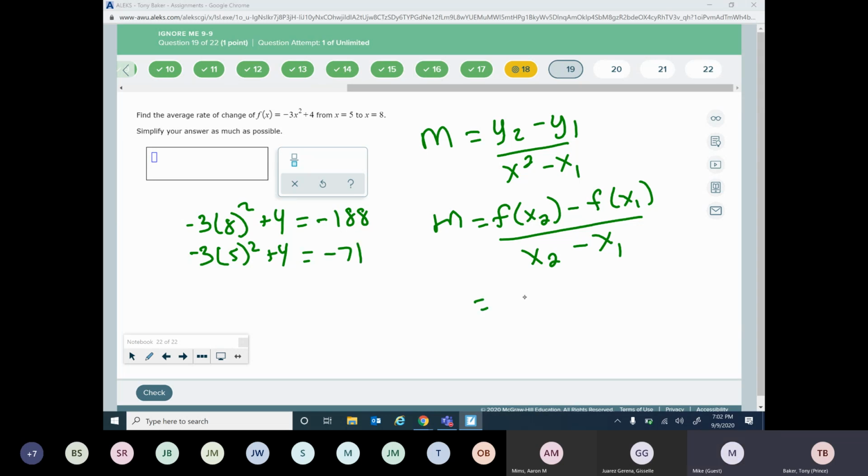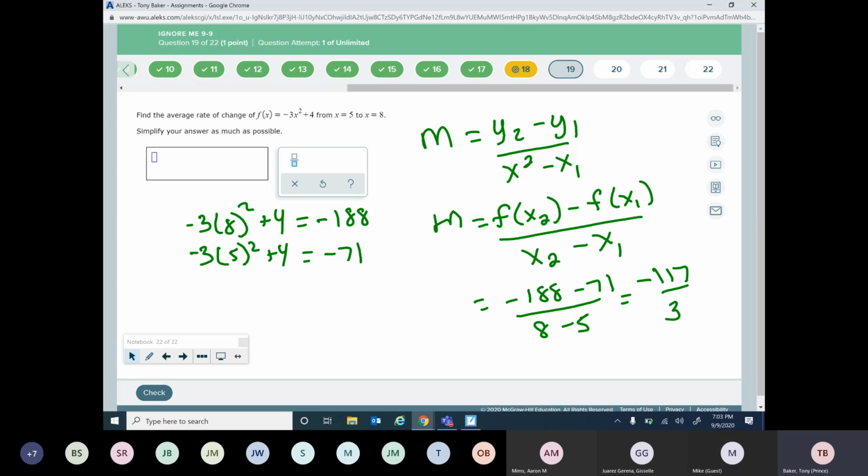So negative 188 minus negative 71 over 8 minus 5. So negative 117. We divide that by 3. And we get 49?